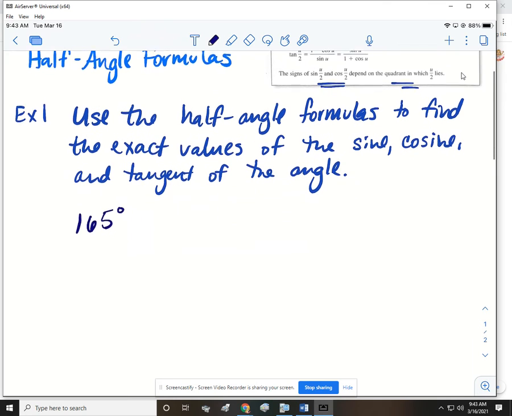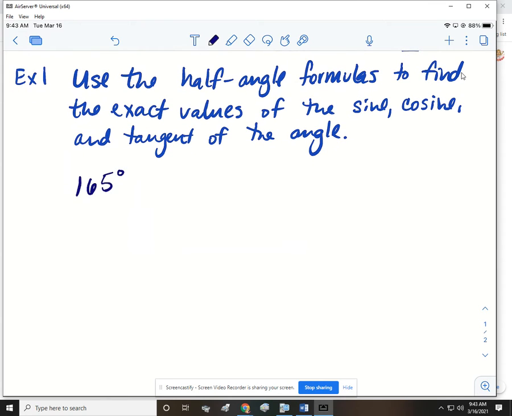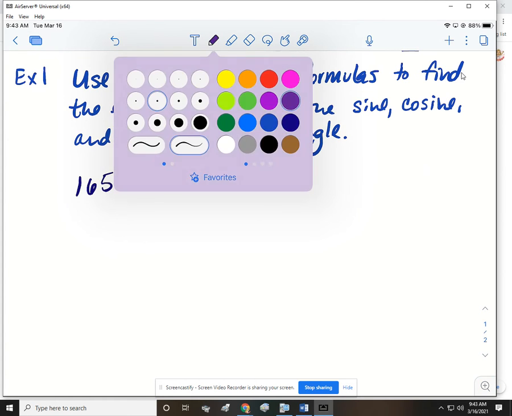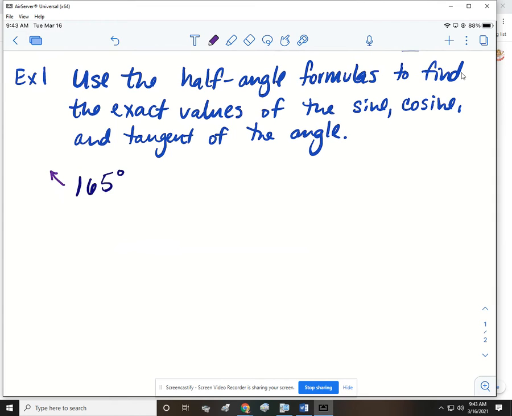So without this formula, we wouldn't be able to find the exact value of the sine, cosine, and tangent of it. So first, I'm going to figure out what quadrant 165 degrees is in. Because 165 degrees falls between 90 degrees and 180 degrees, it is in quadrant 2. Then we need to figure out what special angle we take half of, and it gives us 165 degrees.